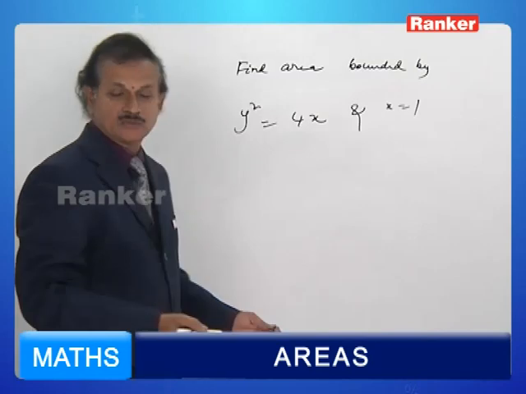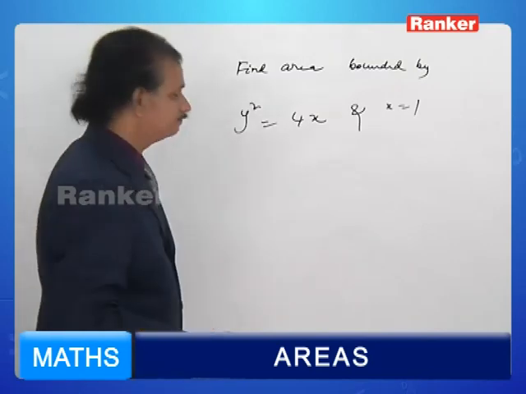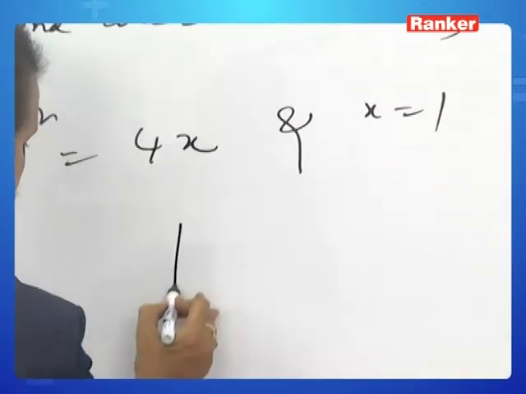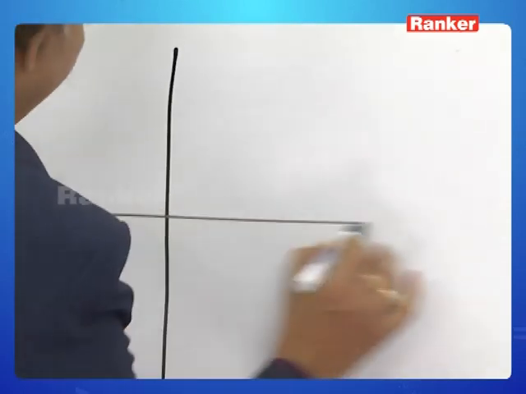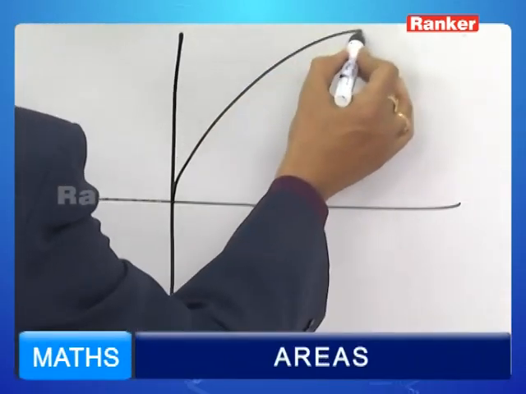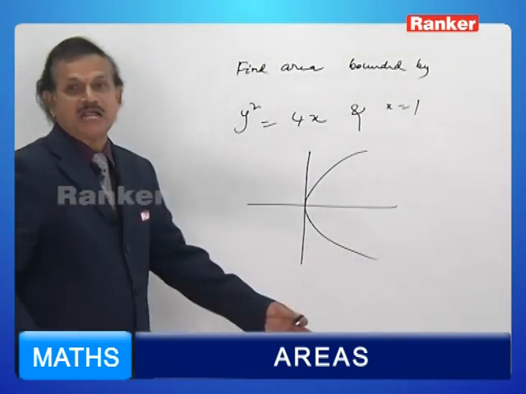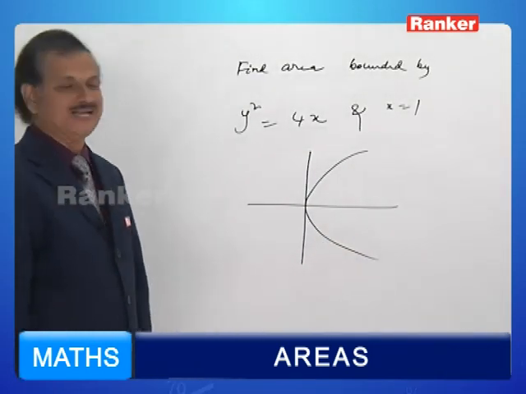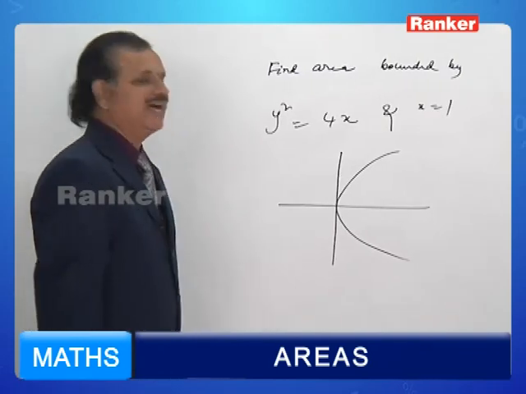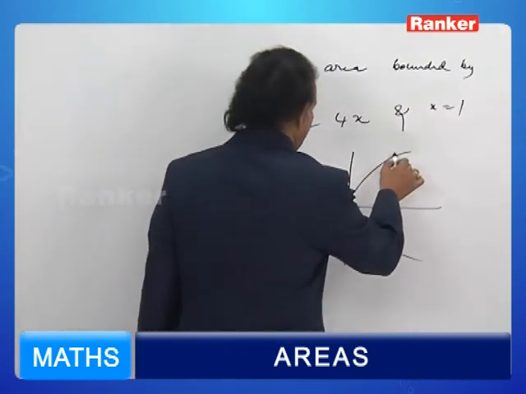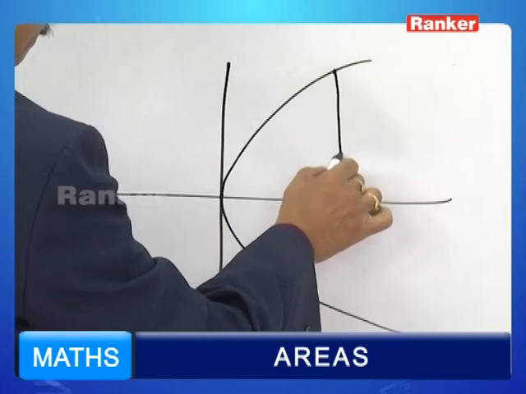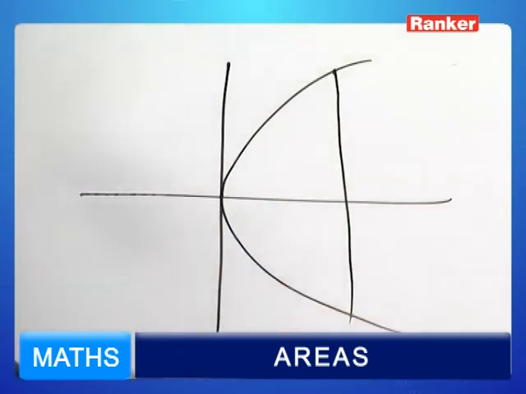You recall y square is equal to 4x is a parabola, isn't it? Here, even powers of y are being observed. Hence, it is symmetric about the x-axis. X is equal to 1 means this is the line parallel to the axis.